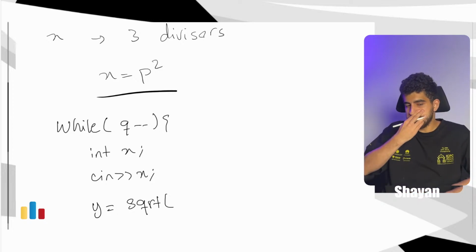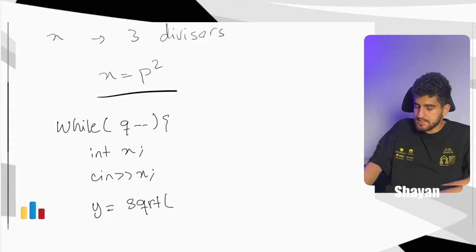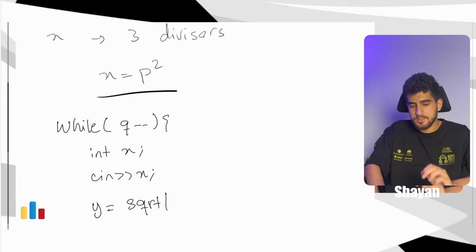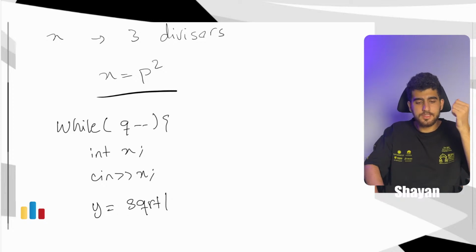You can use the built-in sqrt function. Here, because x can be a long long, you have to use the sqrtl function. So you add an L at the end of sqrt, which shows that this number is a long long.